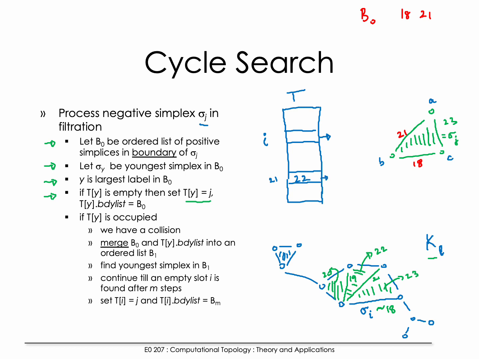That is the edges corresponding to the cycle that 21 created and that 22 destroyed.